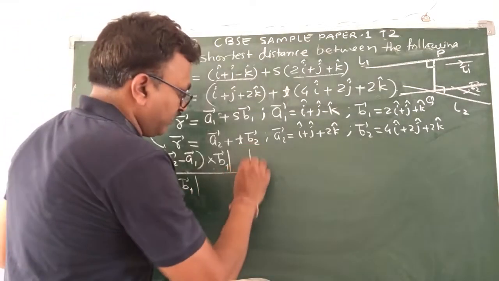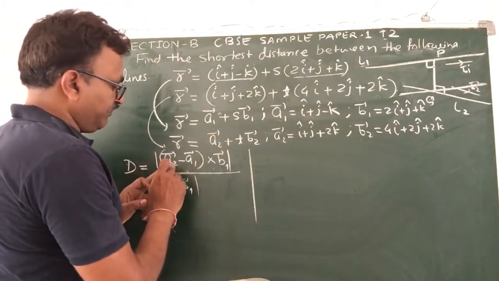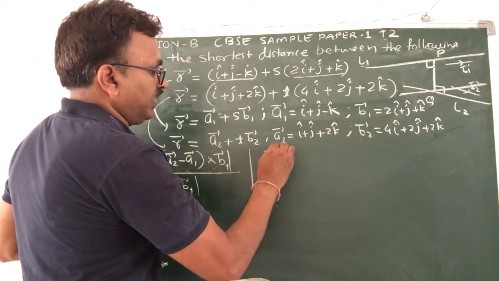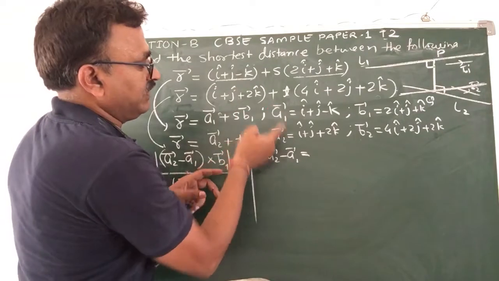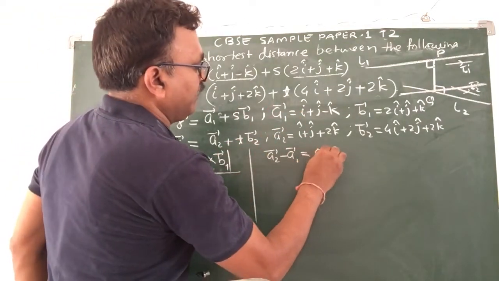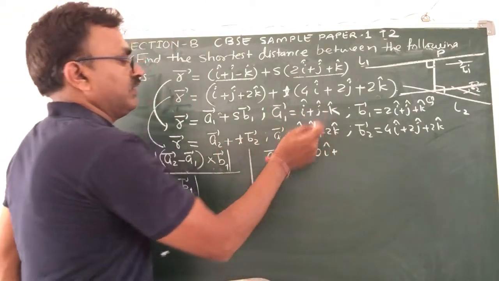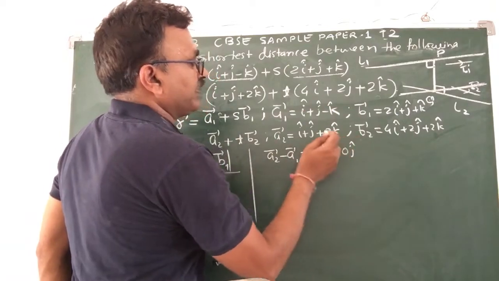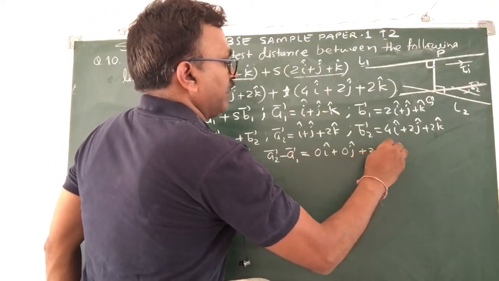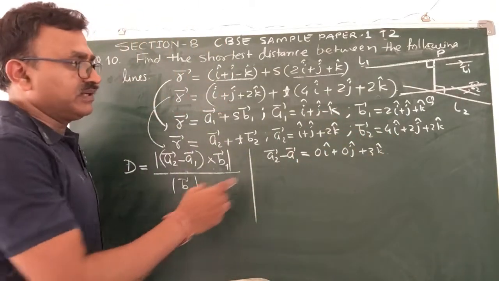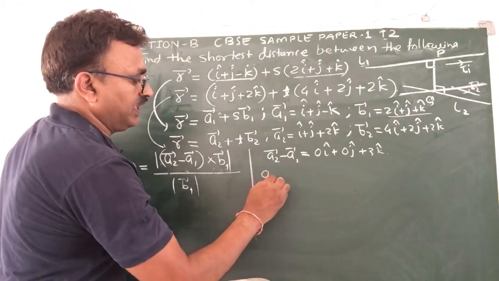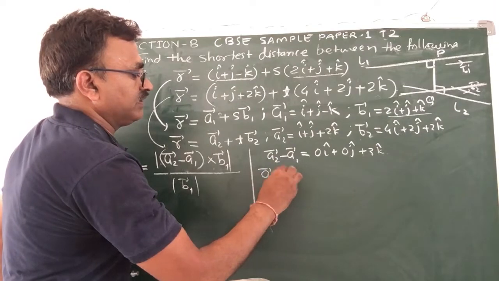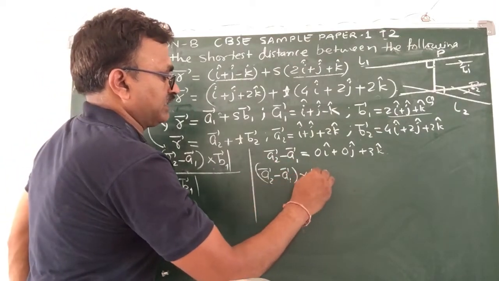Now we only want to find vector a2 minus a1. First we find a2 minus a1: 0 i cap, 0 j cap, and 3k cap. Vector b1 is already given, so first we find their cross product.